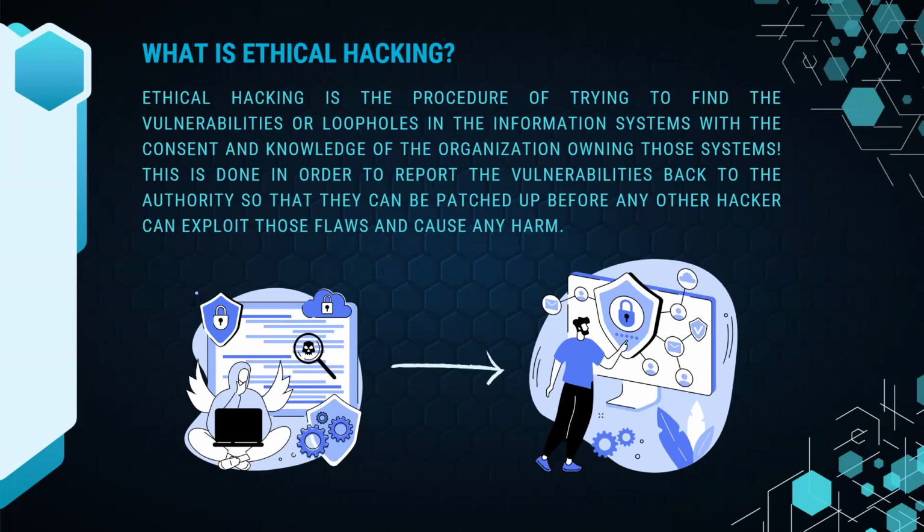So our job in ethical hacking is to find these vulnerabilities which are leading to these cyber threats and reporting it back to the company so that they can patch it up. Once those vulnerabilities are patched up, there's no other harm, there's no other flaws to exploit, and you're preventing all sorts of cyber threats.